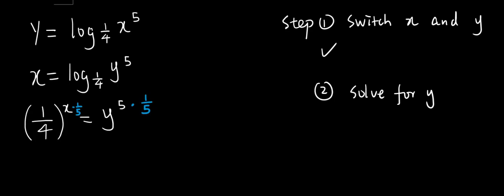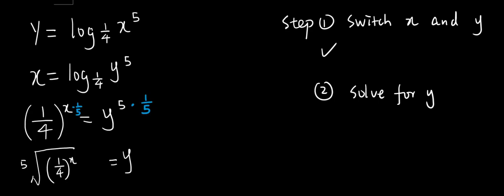Now you get a 1/5. The right-hand side will become y. That's what we want. The left-hand side is a 5th root. So what you can do is write down the 5th root and put everything here.